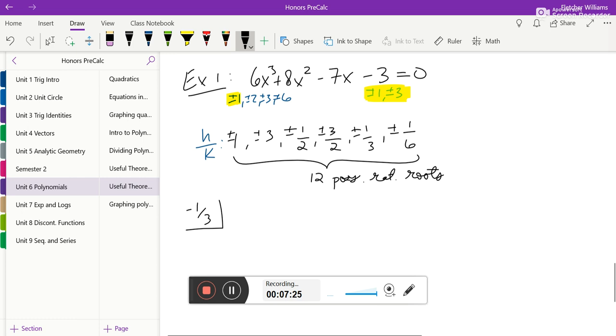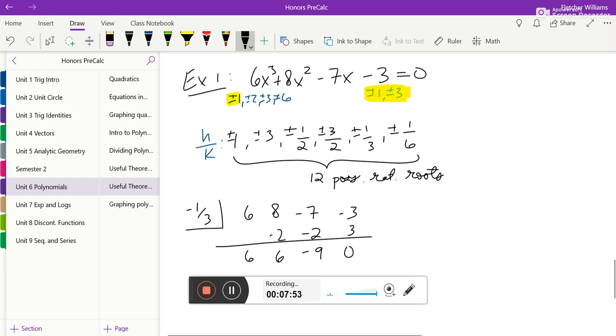So if you checked with synthetic division, oops, not a 0 there. 6, 8, negative 7, negative 3. You will see it ends up with remainder 0, and so you see that negative 1/3 is a root.